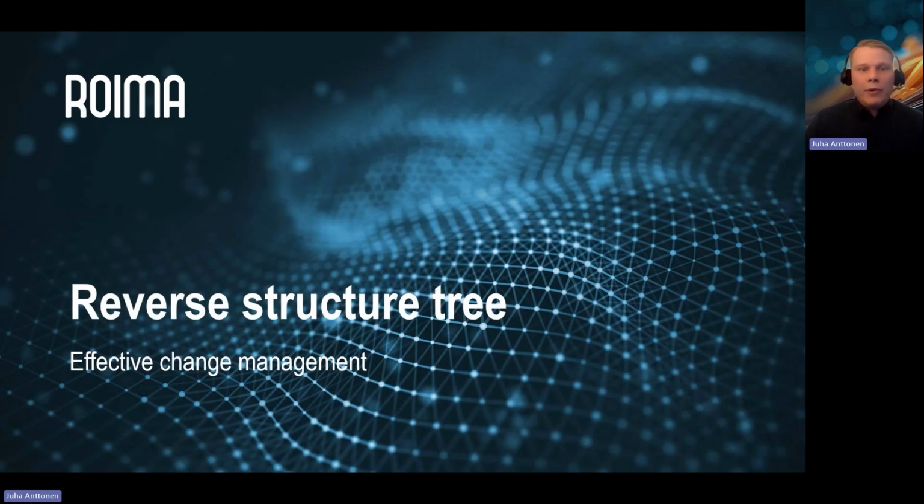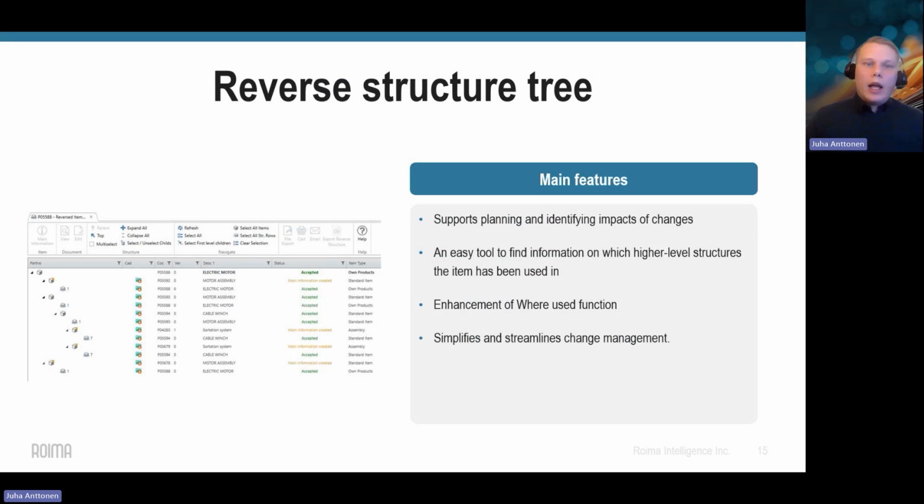Then we have the reverse structure tree. The reverse structure tree supports the planning and identifying of impacts of changes. So this means that we can select an item, which in this example is this electric motor. And with this reverse structure tree, we can see all the higher level structures where this electric motor is used.